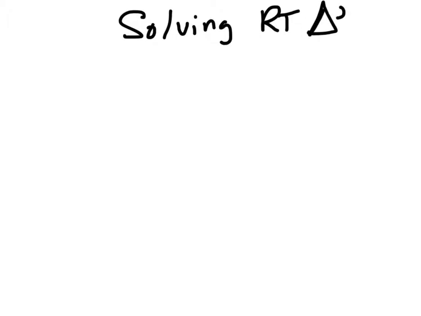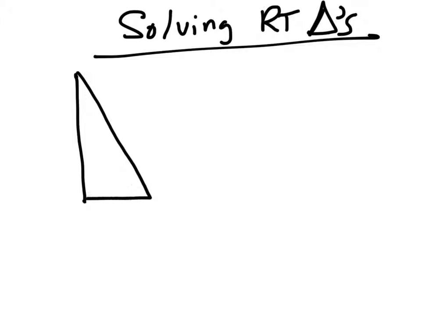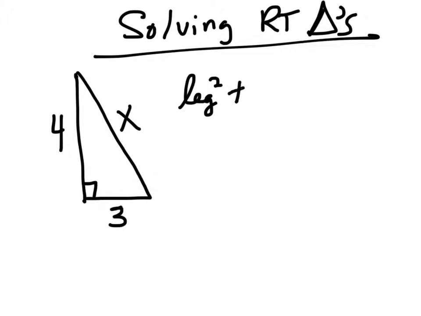So let's do a quick recap. There are two situations when you're solving right triangles. We may have a situation where we know both legs, in which case, the Pythagorean theorem says that you're going to square the legs, add them, and you're going to get the hypotenuse squared.